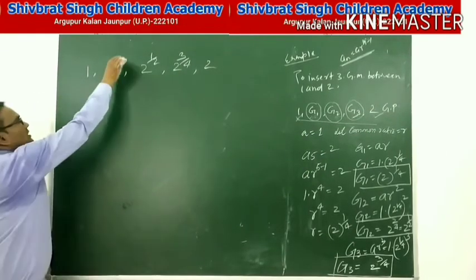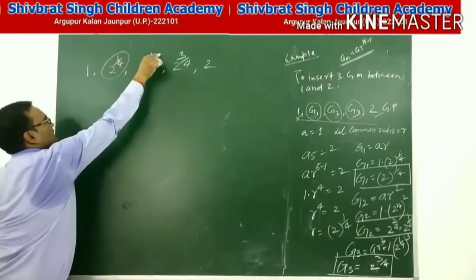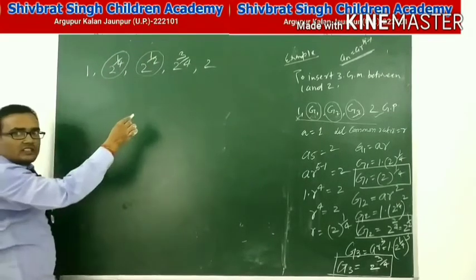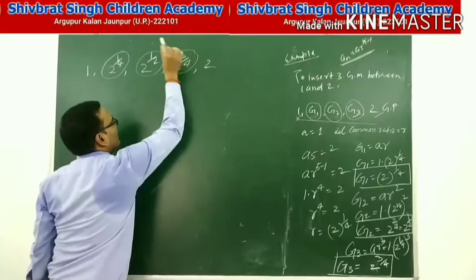Hence first geometric mean is this, second is this and third is this.